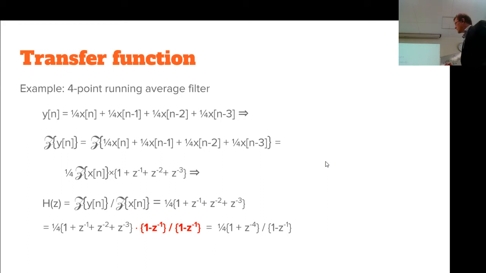Excellent. So this one here is not plus, this is minus. So y of n equals 1/4 of x of n minus x of n minus 4, plus y of n minus 1. Exactly our feedback system. So everything kind of matches up in the time domain.